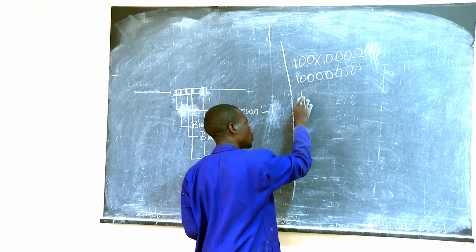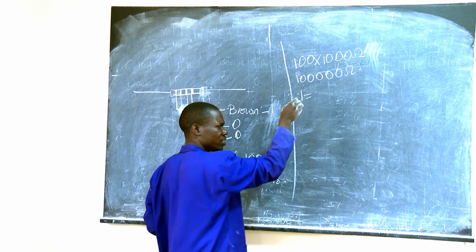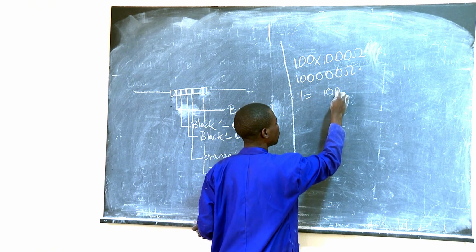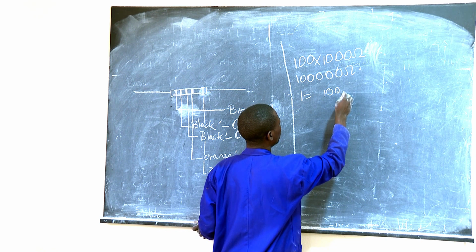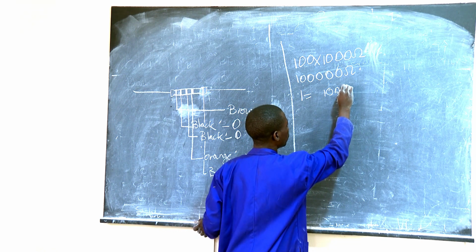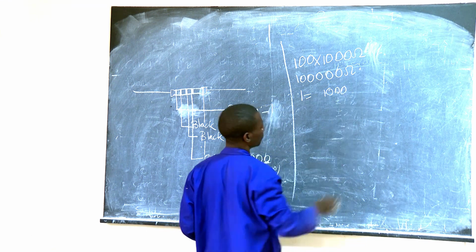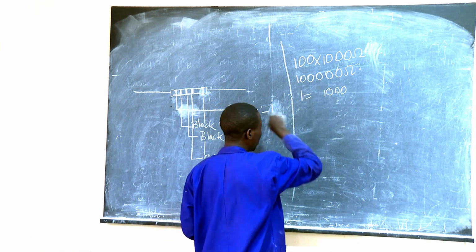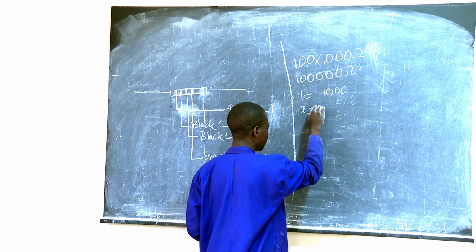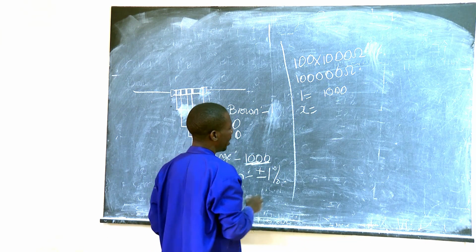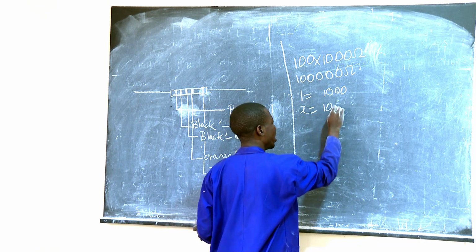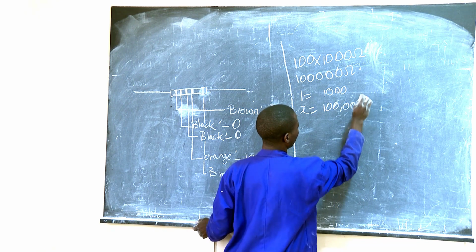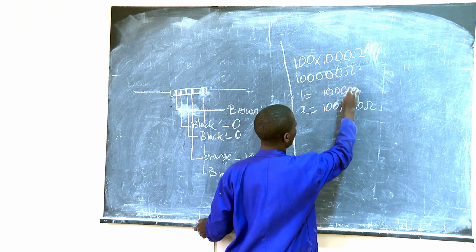So let us assume 1 ohms is equal to 1,000. Then let us assume x. What about x here? x will be 100,000 ohms.